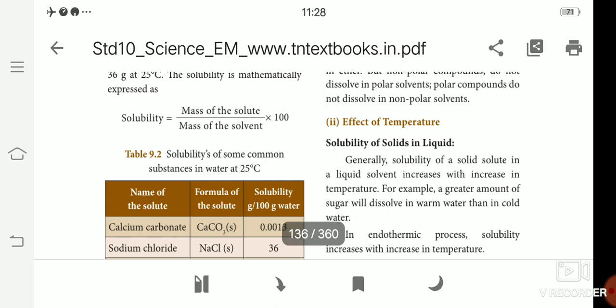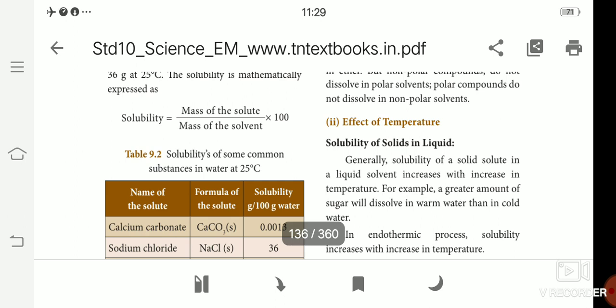Then the next topic is the concentration of a solution. In this topic, we look at how much solute is present in the solution. For example, if you prepare a salt and water solution, you calculate how much solute is present in it.